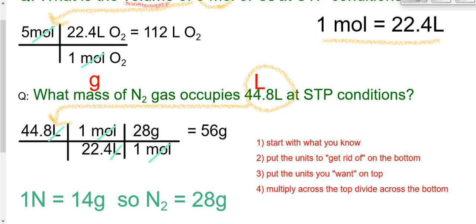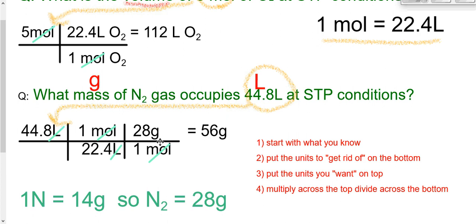From our periodic table, we can see that 1 mole of nitrogen atoms would weigh 14 grams. So N2, diatomic nitrogen, would weigh twice as much, or 28 grams. 1 mole of nitrogen weighs 28 grams. Notice we always put the number 1 beside the word mole. Here now, moles on the top cancels moles on the bottom, and the units we're left with are grams.